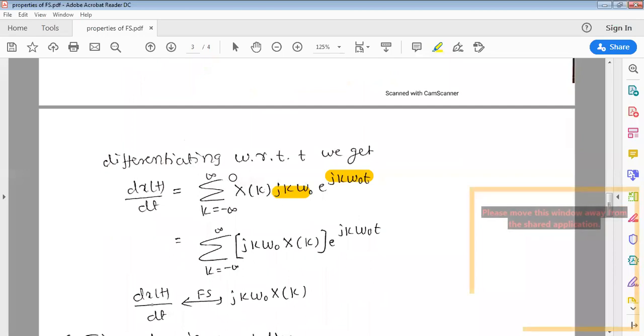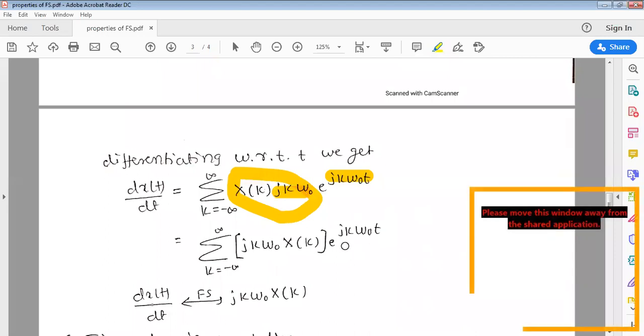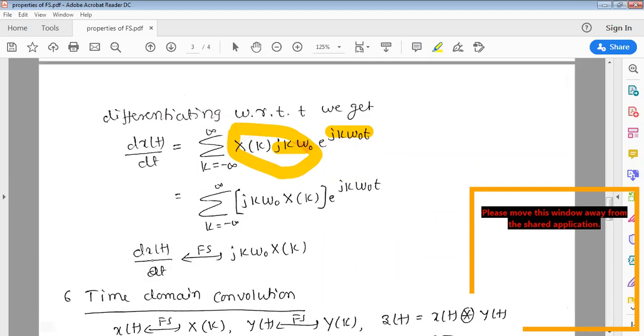So this entire term, x of k into jk omega naught into e power jk omega naught t, you have. So the differentiation of x of t with respect to t, in the Fourier series, is jk omega naught into x of k. Instead of x of k, I have jk omega naught x of k into e power jk omega naught t.